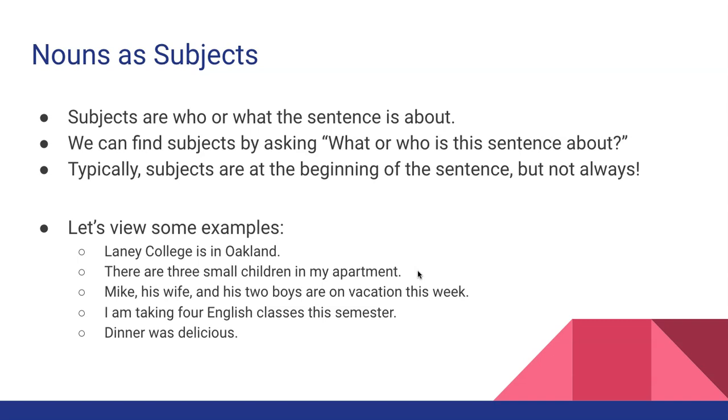Mike, his wife, and his 2 boys are on vacation this week. Who or what is the sentence about? Mike, his wife, and his 2 boys. In this sentence, we have 3 subjects. Sentence number 4. I am taking 4 English classes this semester.